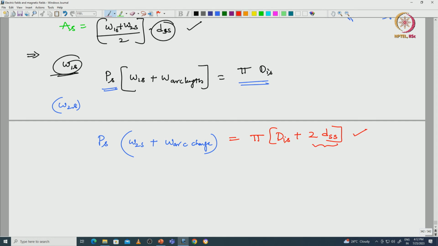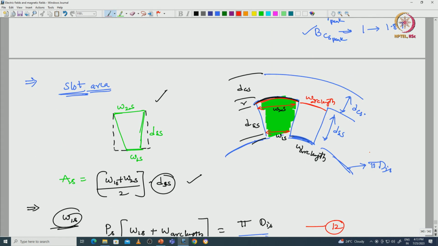So, from these two equations we can find the depth or height of the stator slot. This is equation number 12 and this is equation number 13, and the earlier equation 11 is the slot area.